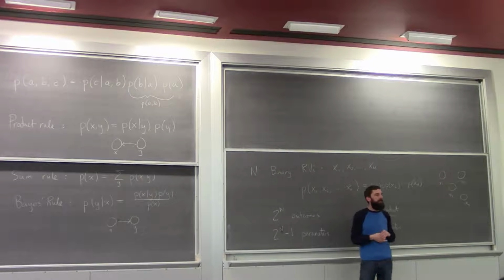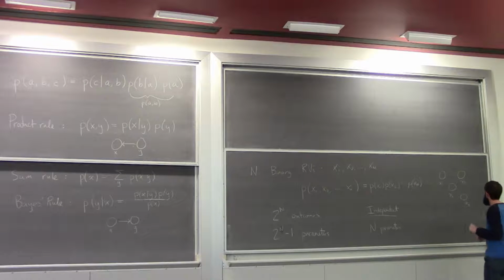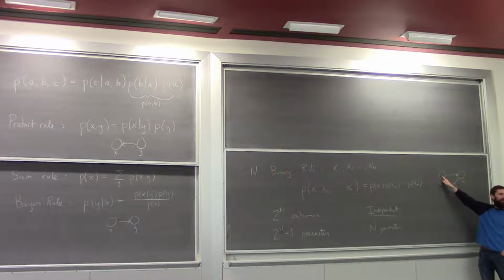Yes, question? What is a Markov chain? We'll get to that in just a second. A Markov chain would be, my chain's got kind of a kink in it, but the point is it would just be a string. So there's one variable that has no parents, and then everybody else has one parent.